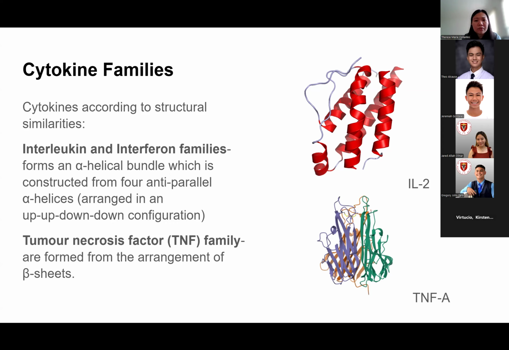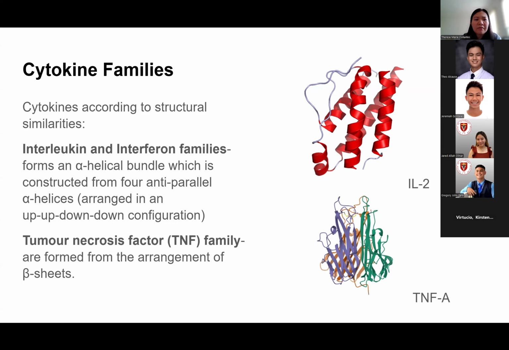The functional grouping of the cytokines can be a little bit confusing, mostly because the cytokines have a multitude of functions and effects. However, if we simplify the grouping, we can look at them according to their structural similarities. And if you understand protein structure, the protein structure of the families is the main difference.